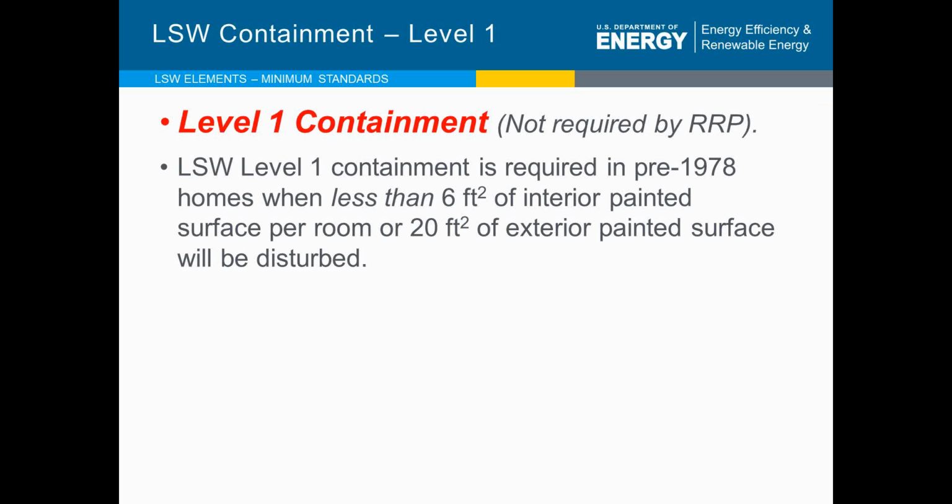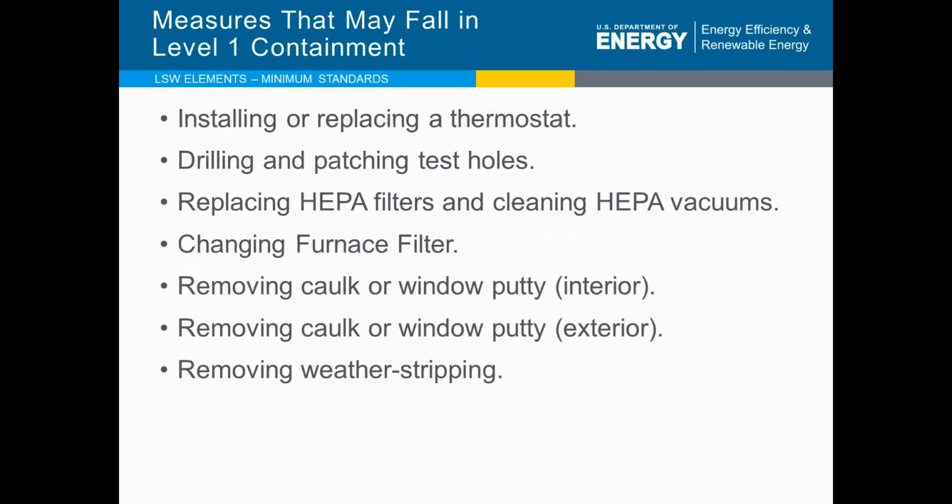So by definition, it essentially says that LSW level 1 is required in pre-78 when less than 6 square feet of interior painted surface per room, or 20 square feet of exterior. So the bottom line, the takeaway here is you will always have some level of containment.